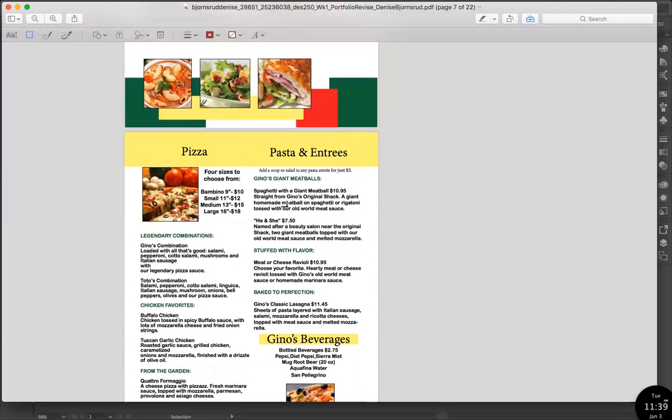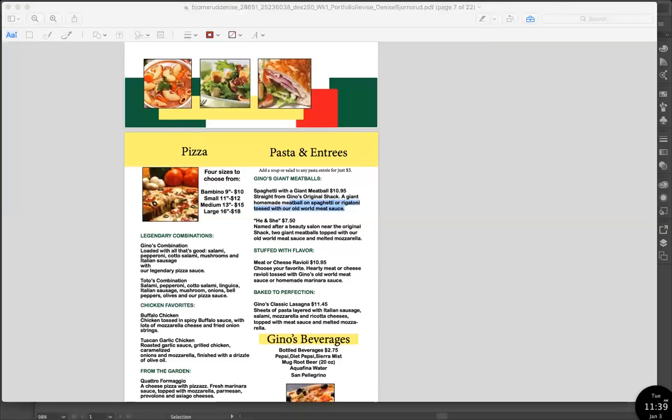This font is a bit, I can't tell for sure, but it looks like it may all be bold. Let me just try something here. No, I guess it's not. Oh yeah, so that's Arial Rounded MT Bold. I would go with a different font.